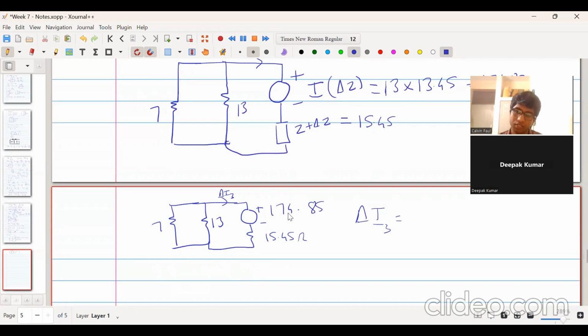We divide 174.85 by that. Delta I3 is in this direction, but the voltage source is in this direction, so delta I3 is equal to minus 174.85 upon 15.